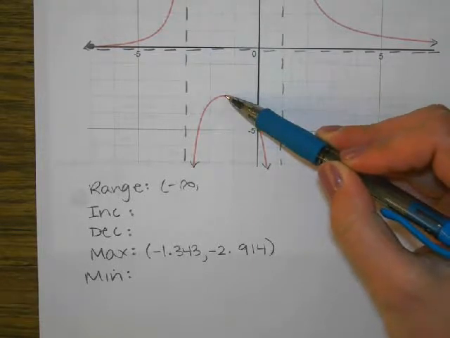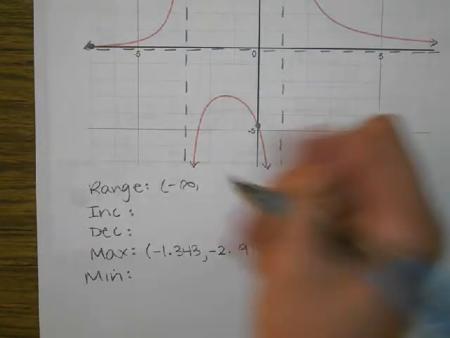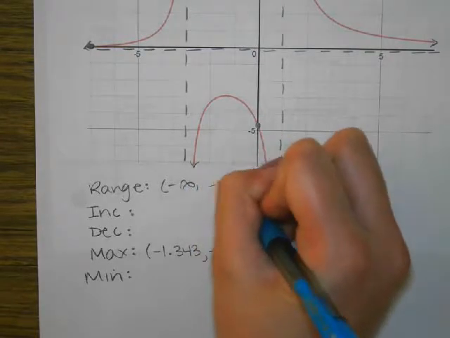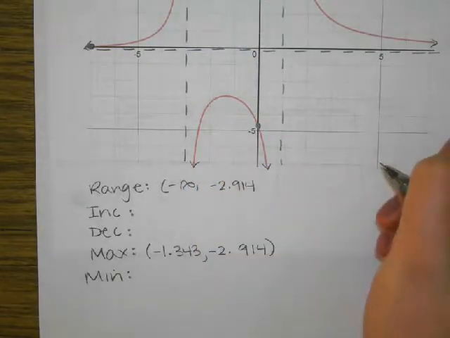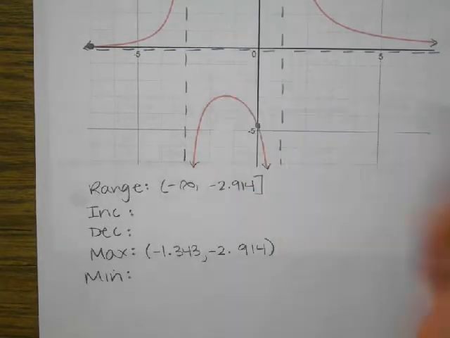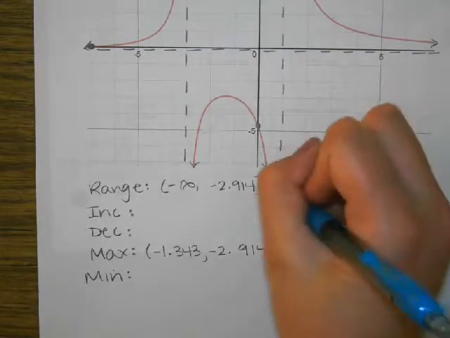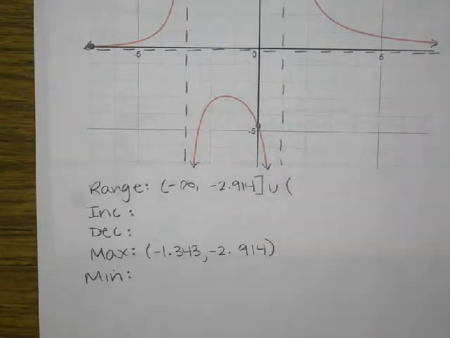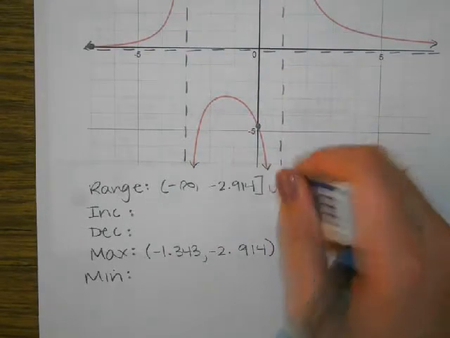And what's the y value right there? -2.914. Does this get a parenthesis or a bracket? It gets a bracket because if you ask me where it is, I can say right there and put my finger on it. So bracket means exact. Bracket means it actually is included.